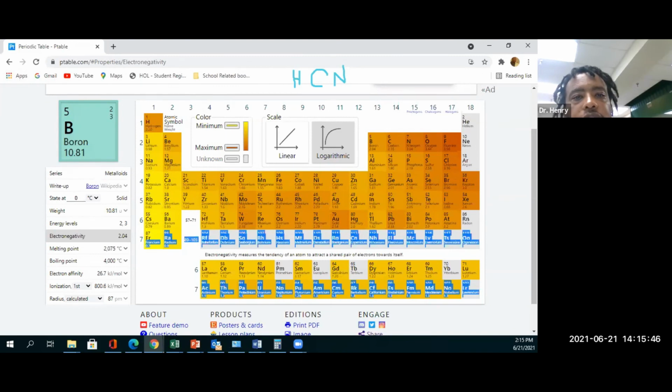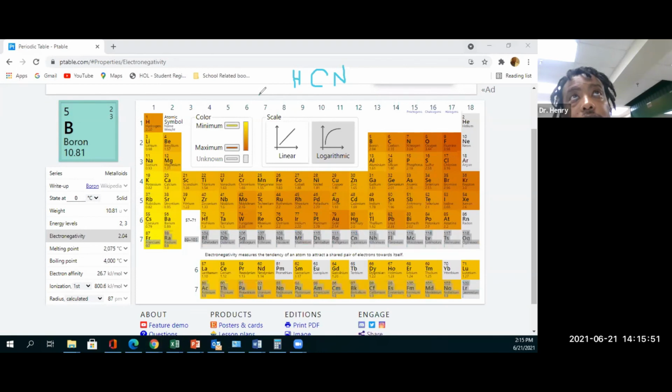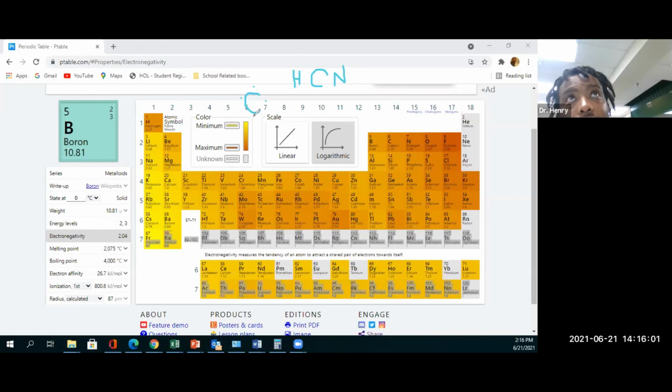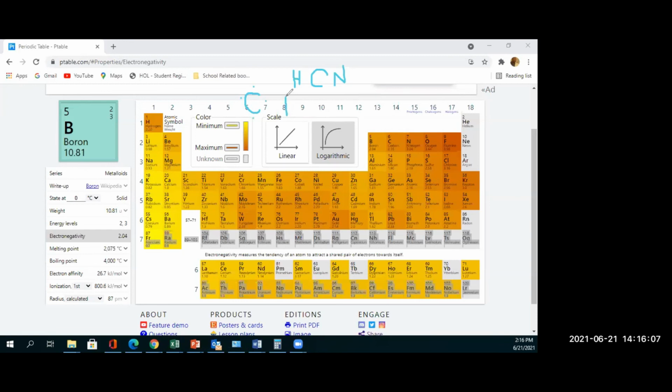So how many valence electrons does carbon have? 4. So that's 1, that's 2, that's 3, and that's 4. What about nitrogen? 5. Nitrogen has 5.